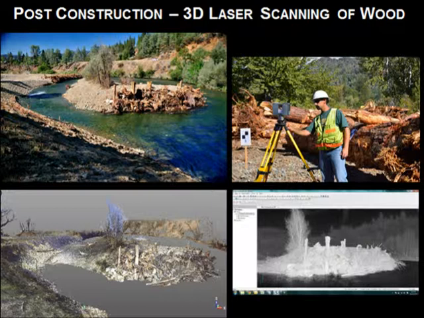So this tool helps us document where we put the wood, what arrangement, and what the architecture was like, so that we can see evolution over time, and also use the same data to help inform our design process. This is the large wood jam that I showed earlier, and this is the scan of that.